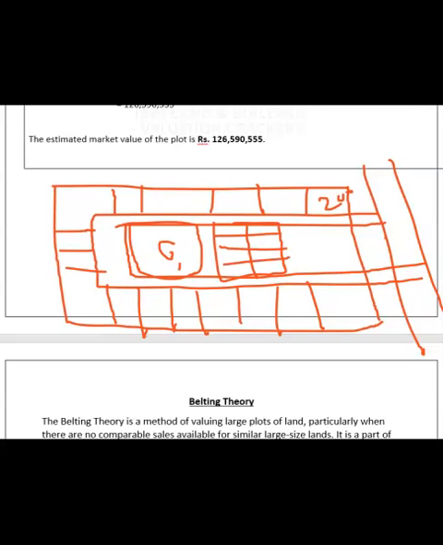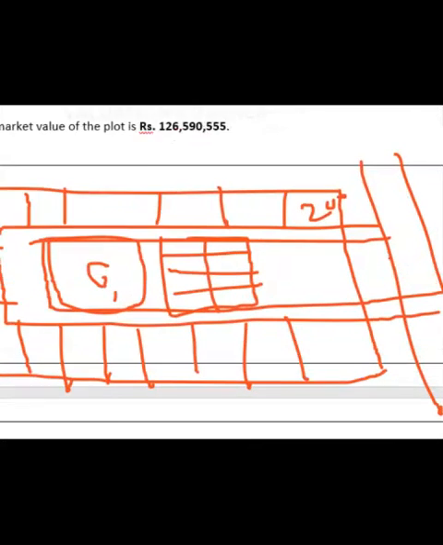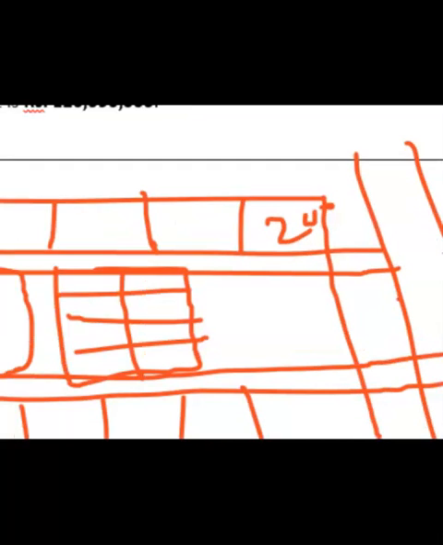Here also put a small garden. In this way, you first divide the whole plot into smaller plots and then calculate the cost for roads, other utility, and garden.